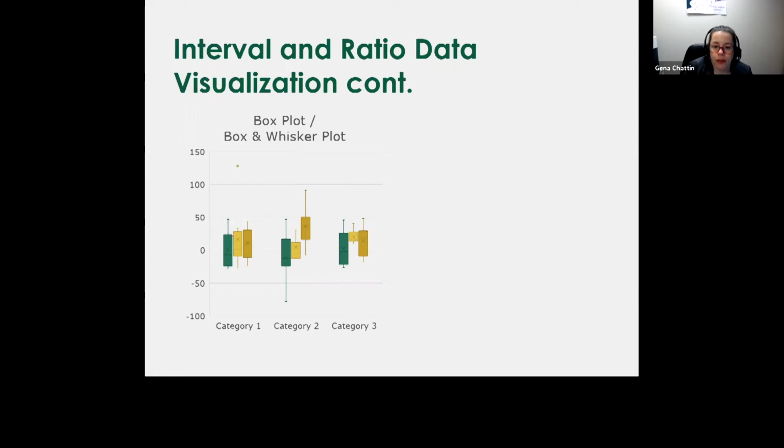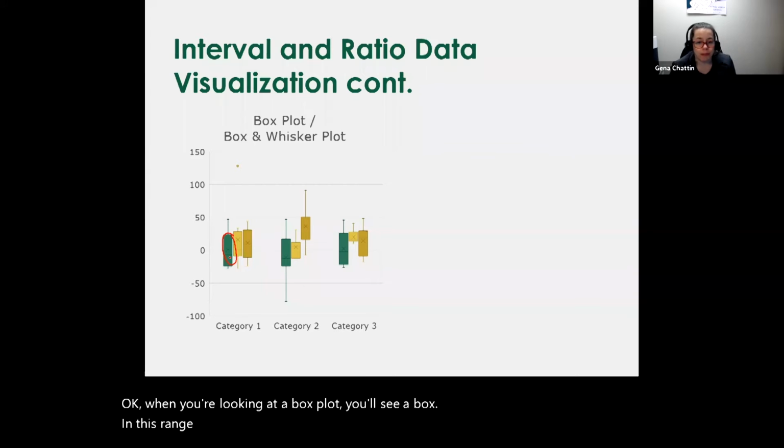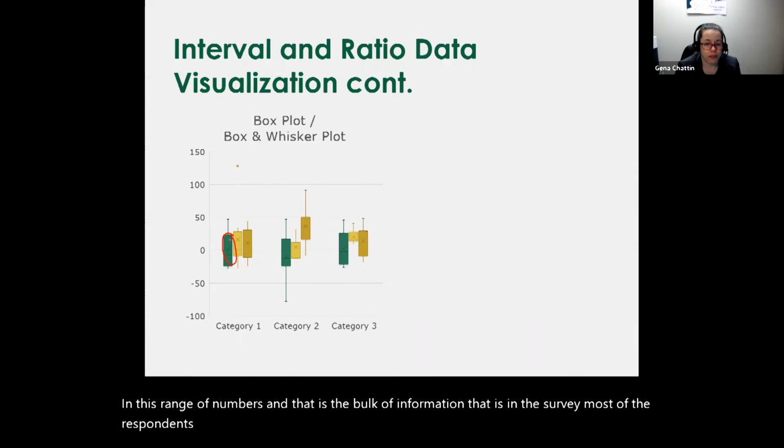Okay. When you're looking at a box plot, you'll see a box in this sort of range of numbers, and that is the bulk of information that is in the survey. Most of the respondents fell between these two numbers that the box covers, but you also have these little strands or quote unquote whiskers that come out from the box.